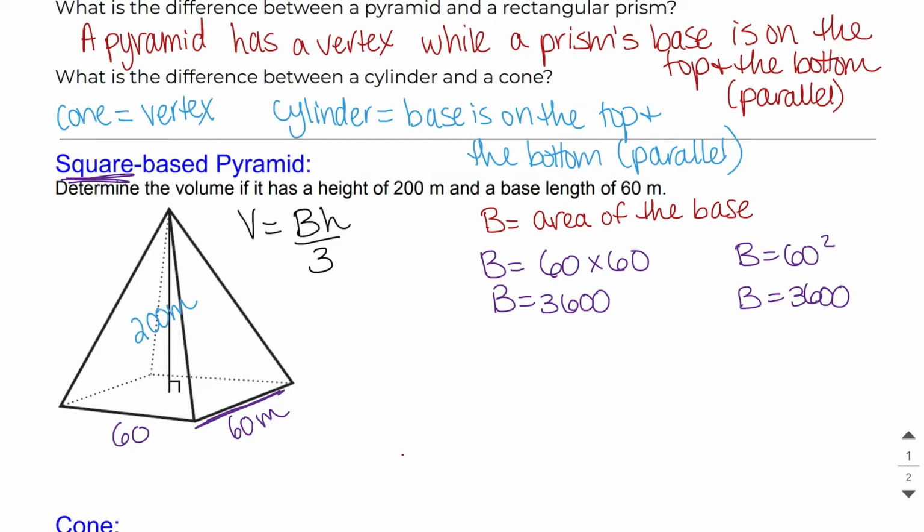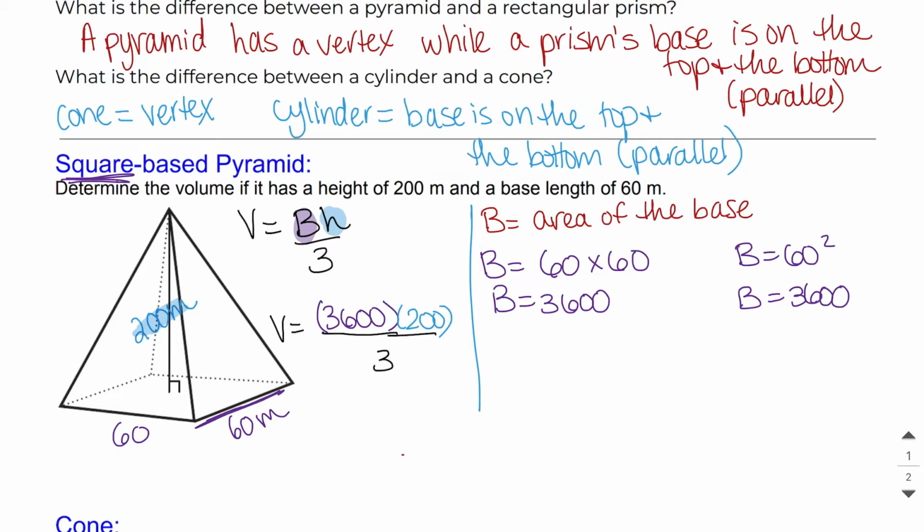Okay, amazing. So now this volume is going to be equal to that 3,600 multiplied by this height, which is 200 meters, and then in the end, we're going to divide by 3. So the volume would be equal to our base area, 3,600, multiplied by the height, 200, and then divided by 3.